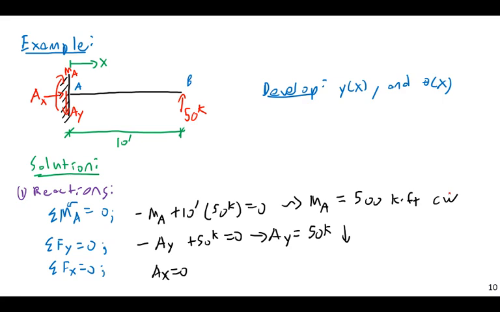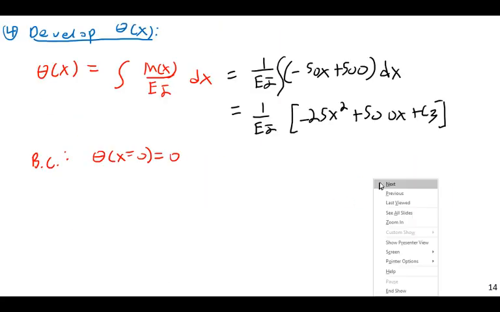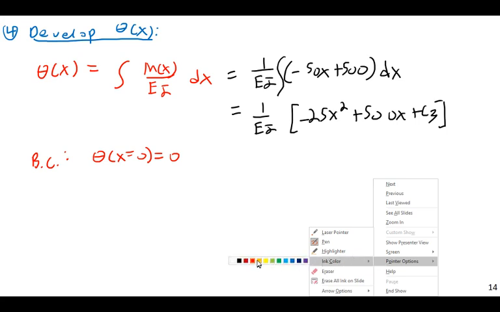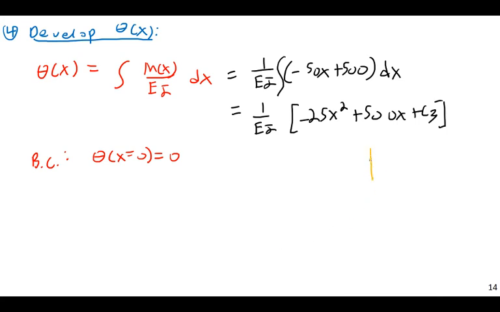So in other words, what happens at a fixed support is that if I think of the shape of a deflected beam, this is the original, nice and horizontal, but then it's going to bend up like that if there's a load applied here, right? So the slope will be continuously varying along the beam. However, right at the fixed support, we're going to have a slope of 0.